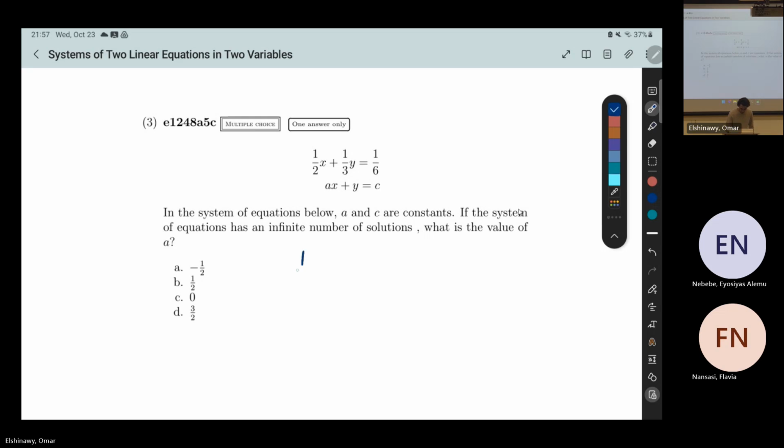So 1/2 of x plus 1/3 of y is equal to 1/6. If you choose a, as you just said, to be half, you have 1/2 of x plus y is equal to some c. But this is a problem, because if this is half, then this probably also should be a third, right?